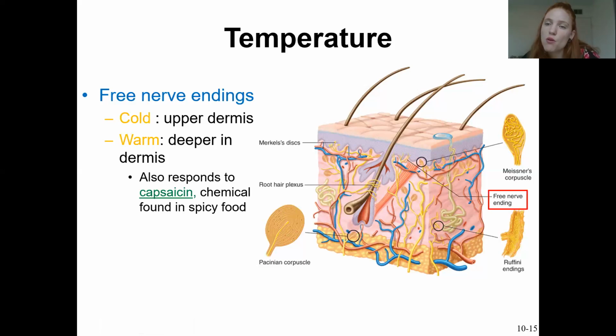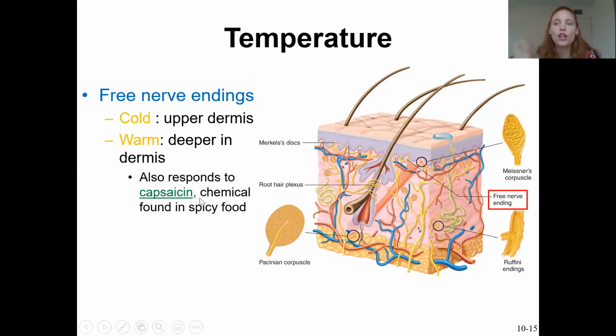Also, the warm receptors can respond to a chemical, which is kind of strange because usually thermoreceptors only respond to changes in temperature, but they can actually respond to one specific type of chemical, and that's called capsaicin. Where do you find capsaicin? Does anybody know that word, capsaicin? It's found in spicy food, hot food.